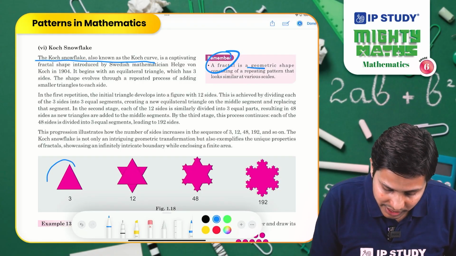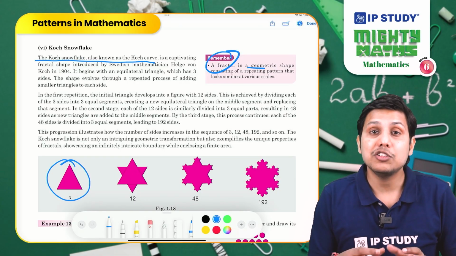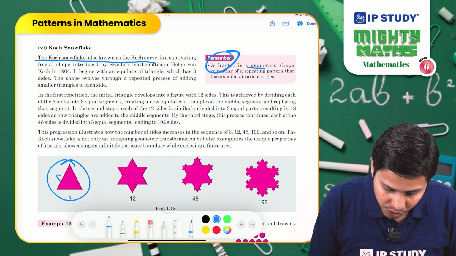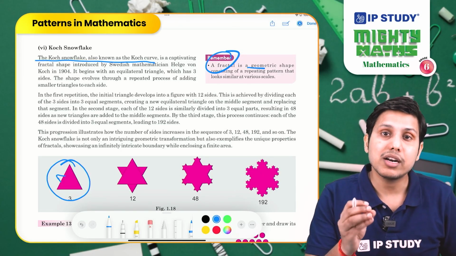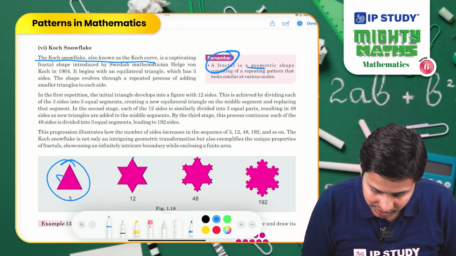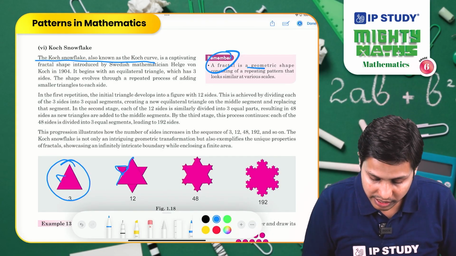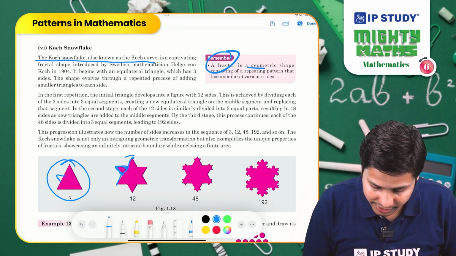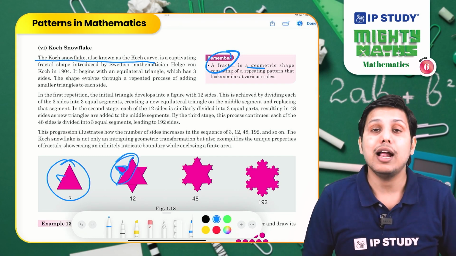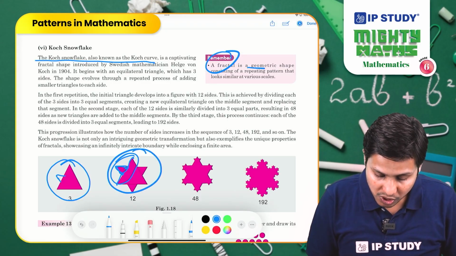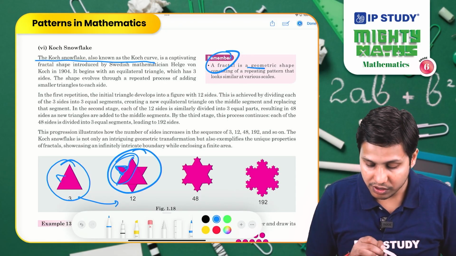So it starts with an equilateral triangle with 3 sides or 3 edges. Now each edge gets a new set of 3 new triangles, like this. This was a single edge. Now here one smaller triangle is coming out, and it is making 3 smaller triangles at the edge. So the number of edges for the new one is 4 times that of the previous one.